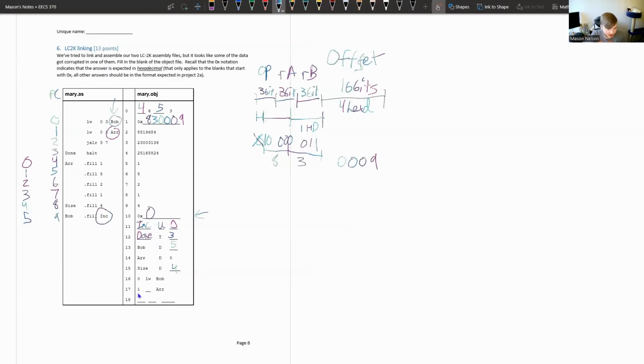It's on line 1 of the text section, and it is an LW that's using it. And finally, we have ink. So ink will go here. It's being used by a dot fill. And once again, this number here should be section relative for the instruction, not for the label. So the dot fill is once again on the 5th element of our data section. So we'll have a 5 here. So that is our final answer for this problem.